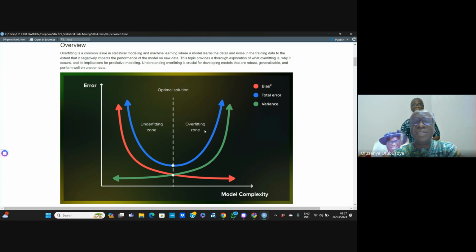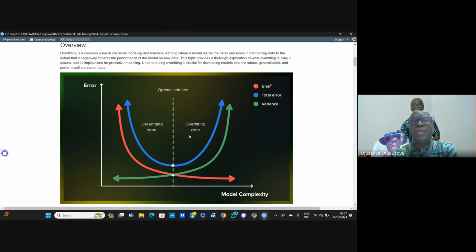Avoid overfitting means to avoid a situation where the model is unable to perform in new data, but is able to do well in the data used to train it.